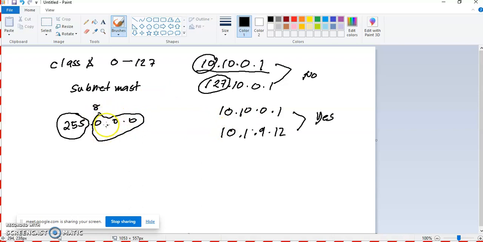Mao ni ang giingon ako na kung class A ang gamiton nimo, daghan kang host magamit because you will have here 0 to 255. And also here 255. And also here 255.